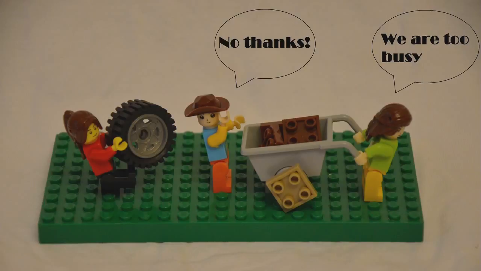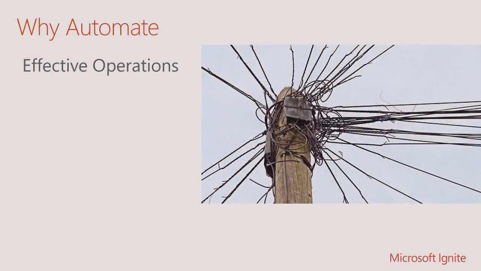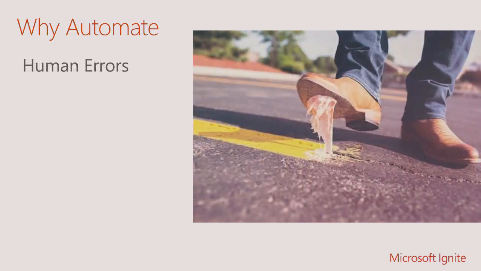So first point, effective operations, or operational cost as some people talk about. What are you doing today? What's the actual cost to your business if you're doing things manually? Can you automate it? Human errors. Everyone's made a mistake in their career. I've made mistakes.